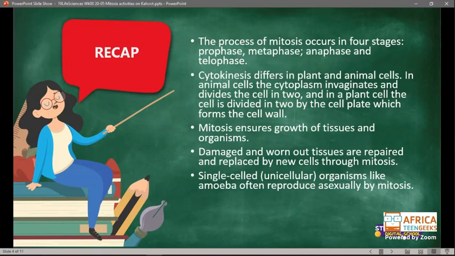And lastly, reproduction. So reproduction in single cell unicellular organisms occurs by mitosis.